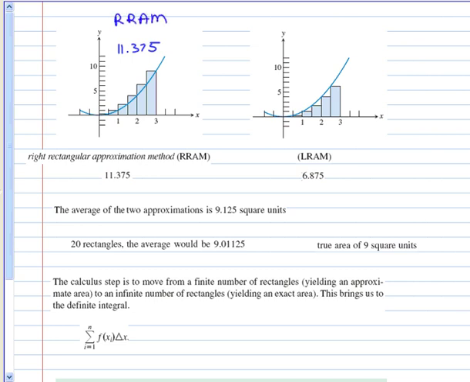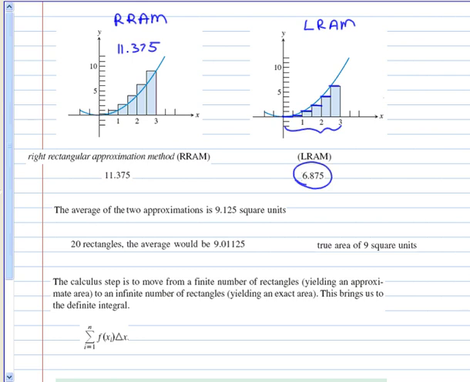What if I used the same idea, but did a left rectangular approximation method? In other words, I took the left side of the graph and made that the top of the rectangle and found the area from this one, again between 0 and 3, dividing it up into 6 parts. If we did that using the same process as before, this is the value we would get.